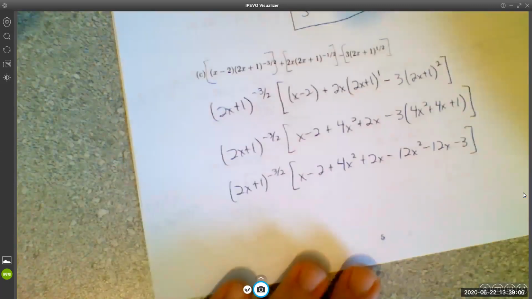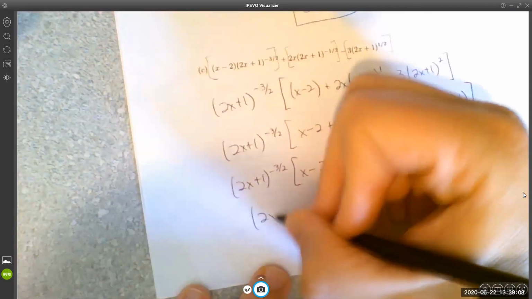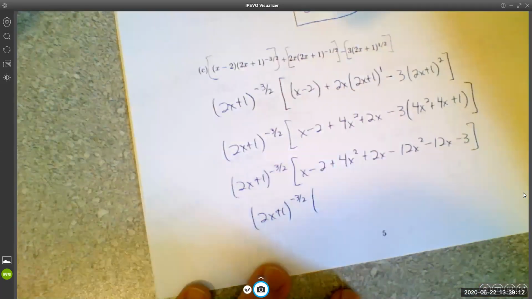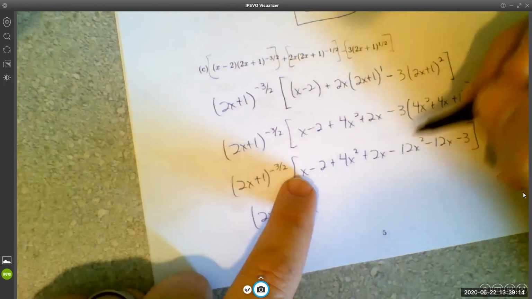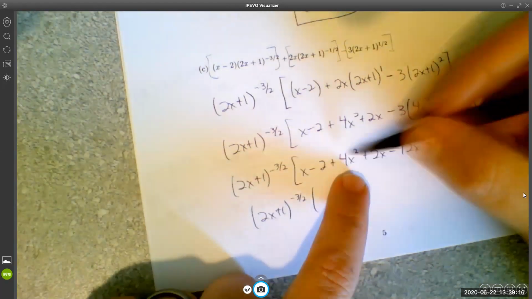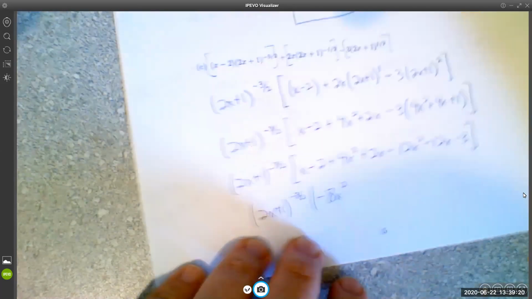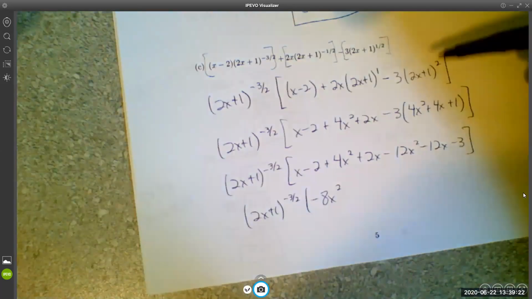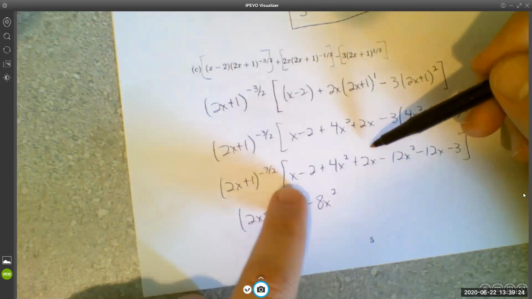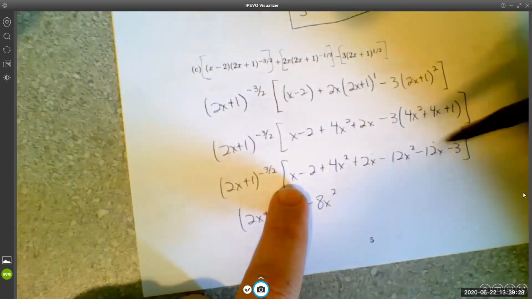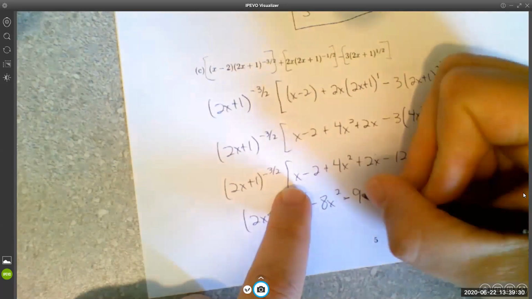Now let's combine some like terms and write in descending order. So x squared's first. I've got 4x squared minus 12x squared. That's -8x squared. Then x's. I've got x plus 2x, that's 3x. 3x minus 12x is -9x.